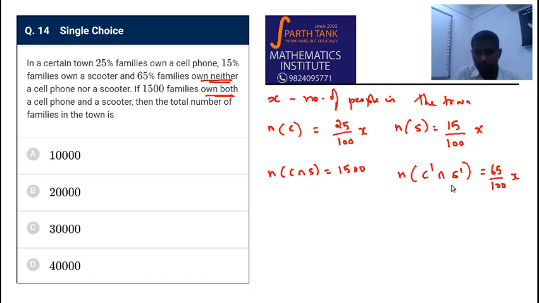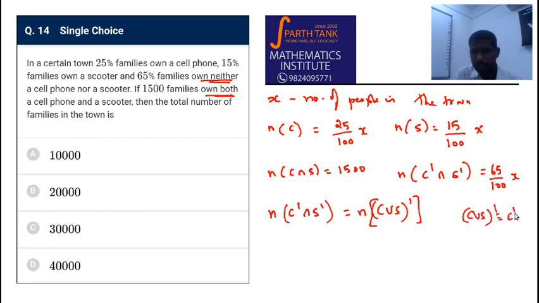Alright. So now this can be simplified slightly. We know that N of C dash intersection S dash is the same as N of C union S the whole dash, right? De Morgan's law. C union S the whole dash is going to be C dash intersection S dash. Therefore, what they have given is N of C union S the whole dash.